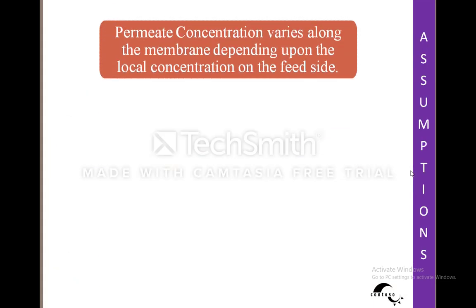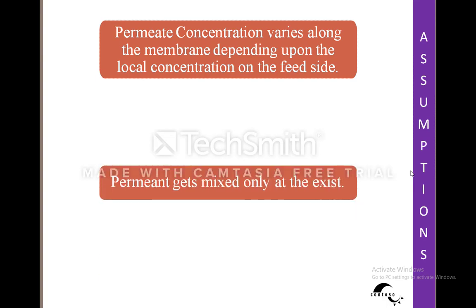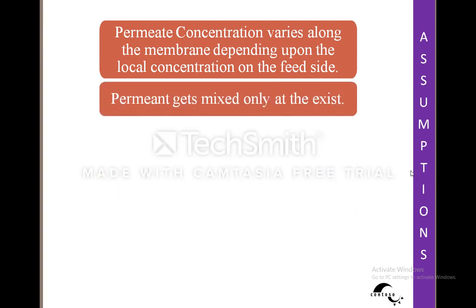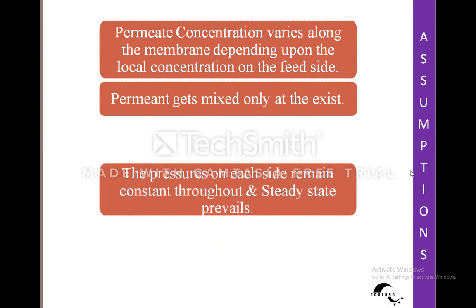Let's see what the assumptions are. The first assumption is that permeate concentration varies along the membrane depending upon the local concentration on the feed side. The second one, permeate gets mixed only at the exit. So when the permeate is coming out of the membrane, at the outlet only, it starts mixing.